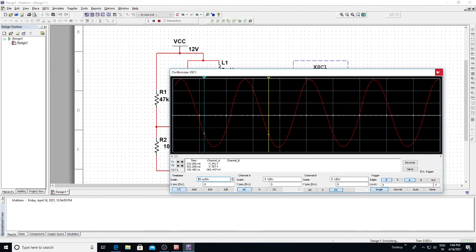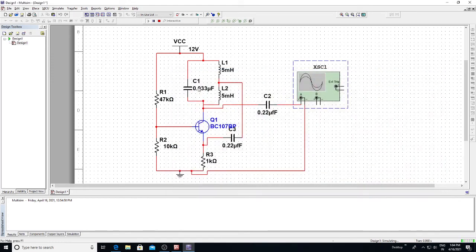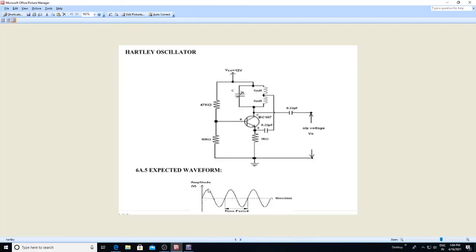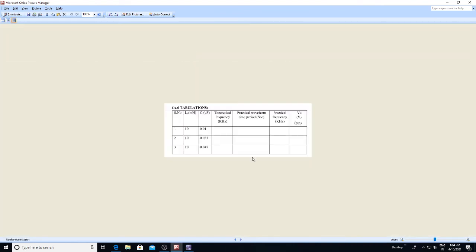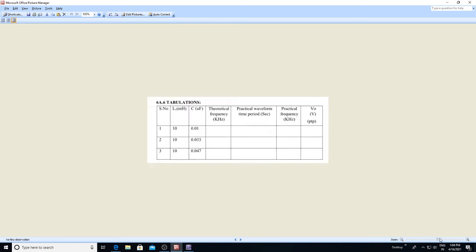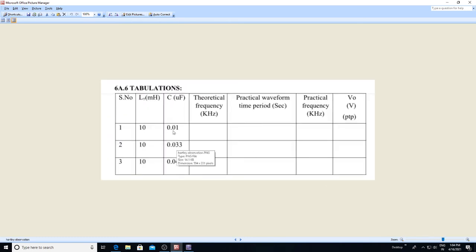Okay, compare the values, and similarly note this in the observation table. We have taken for 0.01 microfarad. Another one is the output response time period for the 0.033 capacitor value.